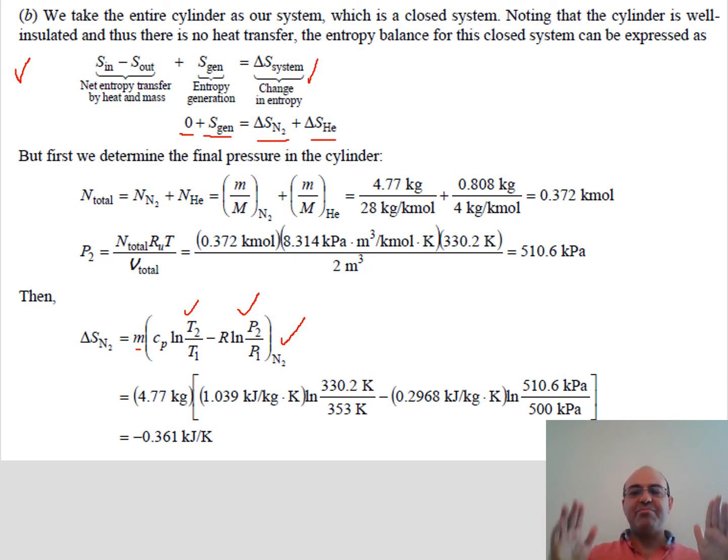In order to find P2, it's like we assume that, for instance, there's no piston at all. So we can go ahead and write the ideal gas law for both gases. For this purpose, you could do two different approaches.